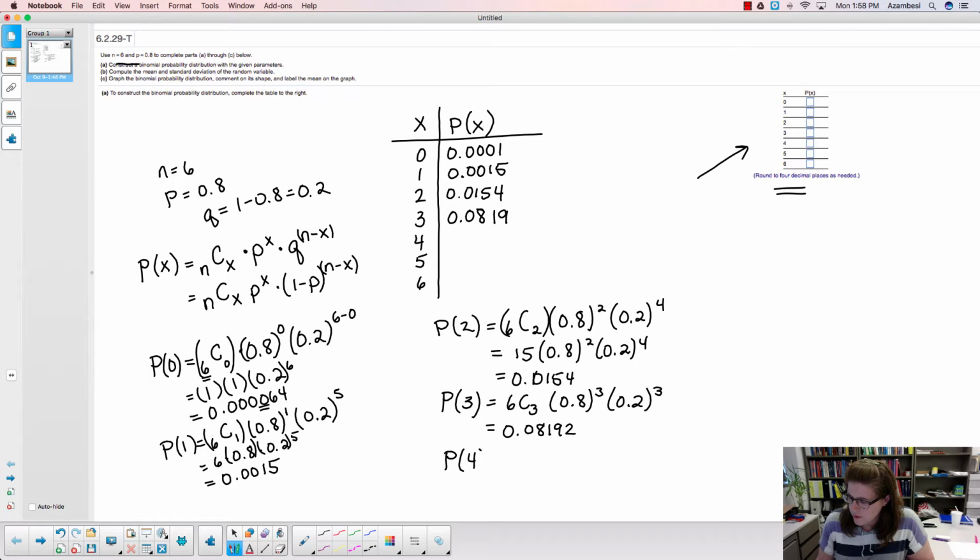So 4 should be more than 3 was. And the result is 0.2458.